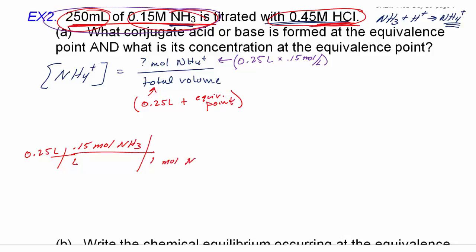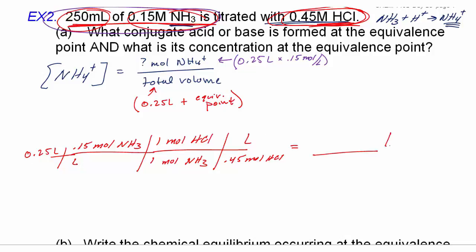For every 1 mole of ammonia, because they're all monoprotic acids and monoprotic conjugate bases, I have 1 mole of HCl. Use our concentration of HCl to get it into liters: 0.45 moles of HCl in a liter. And that number I'm going to put right there. 0.25 times 0.15 divided by 0.45, 0.083.